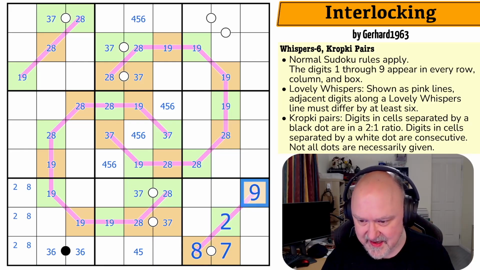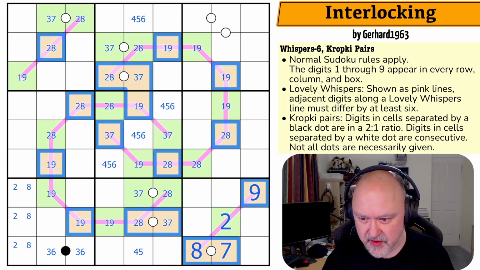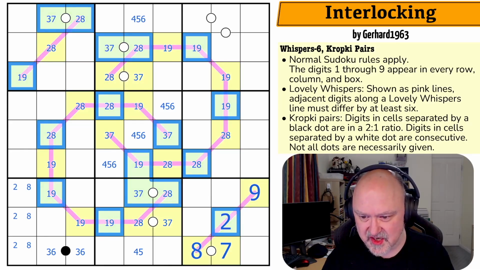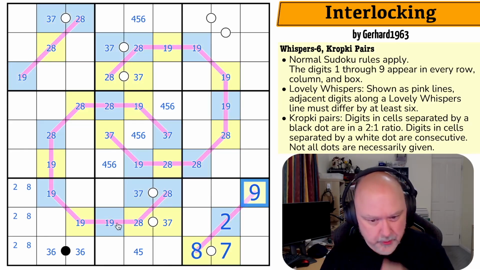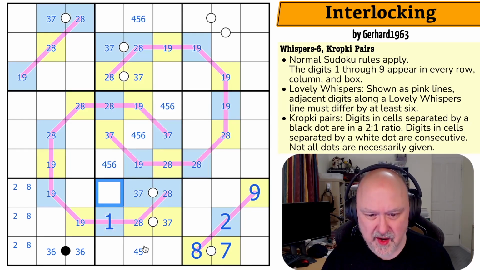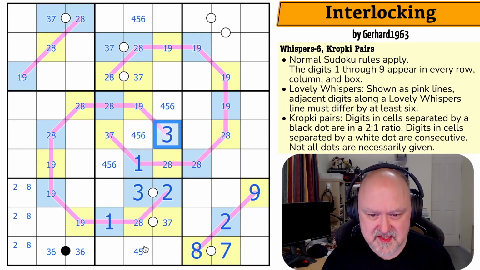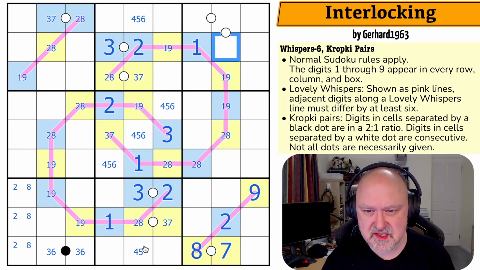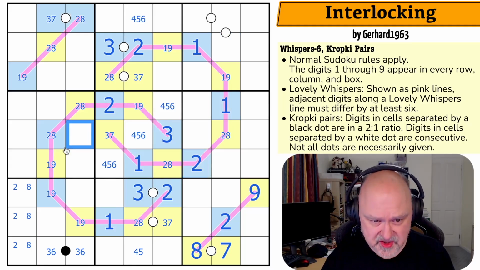And now if I go to color mode and select all the orange, I can change orange to yellow and select all the green, and I can change green to blue. Beautiful, which means this is the 1, this is the 3, this is the 2, this is the 1, this is the 3, this is the 2, this is the 3, this is the 2, this is the 1, this is the 1, this is the 2, because all of the blues must be the low versions of the digits.